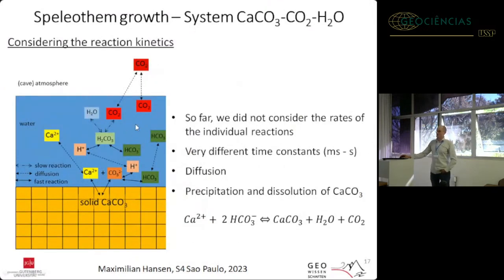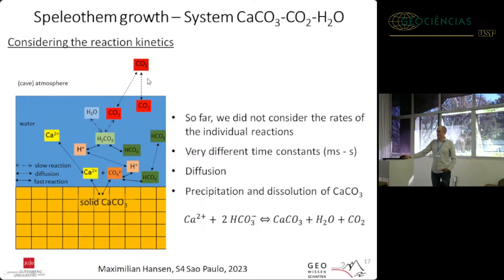So far, I just told you about all the reactions which were going on. But for the formation of speleothems, the individual rates of the reactions are important to know, because there are very different time constants for the individual reactions.